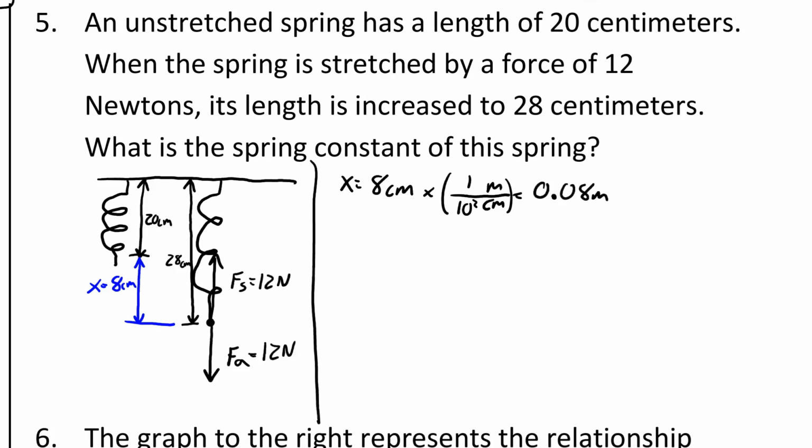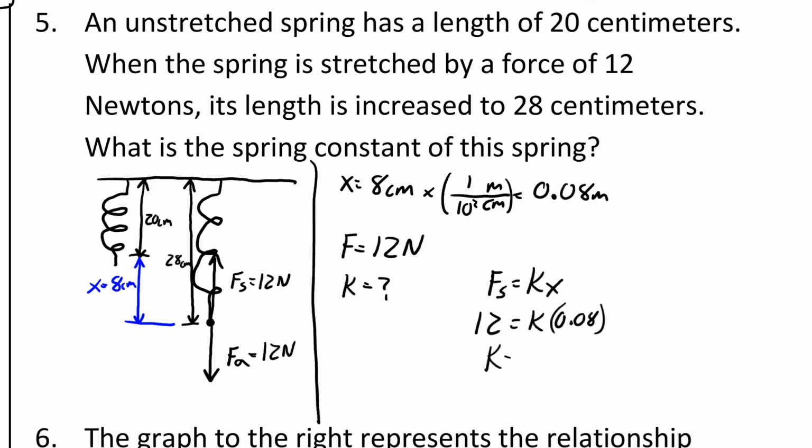And the force is equal to 12 newtons. Okay, so they're looking for K, and you get F is equal to Kx, 12 is equal to K times 0.08, so K is equal to 150 newtons per meter.